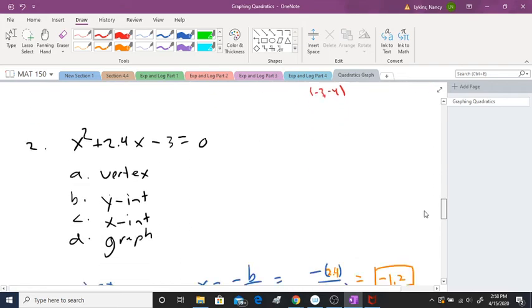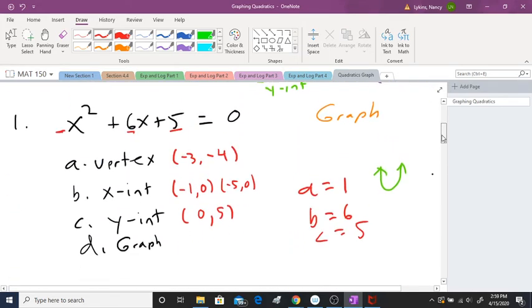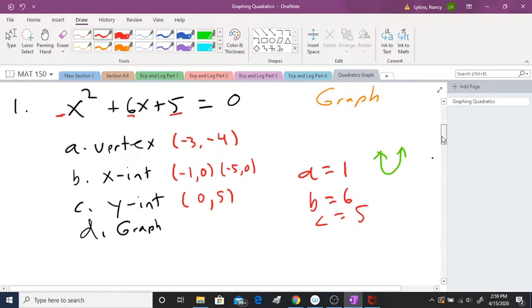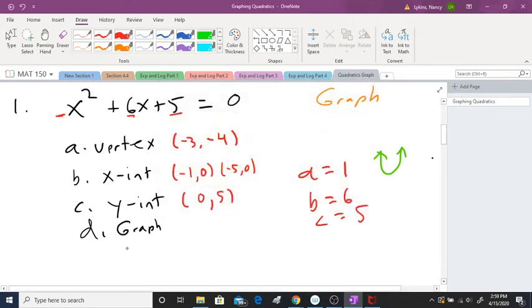Now, I'm going to show you one other thing too. I'm going to come right back up here, if I can have room.